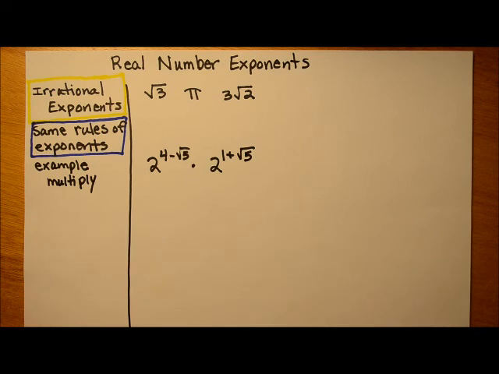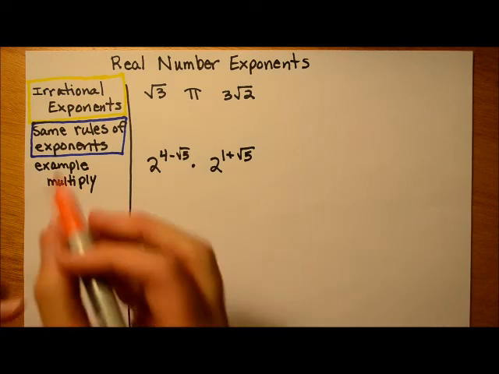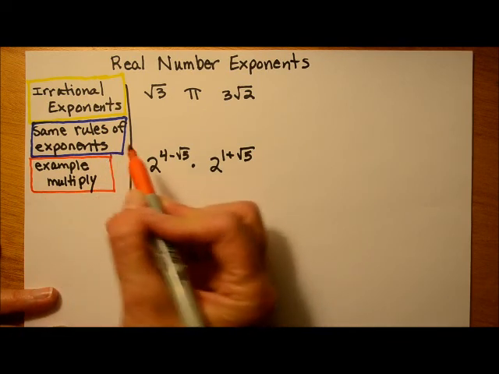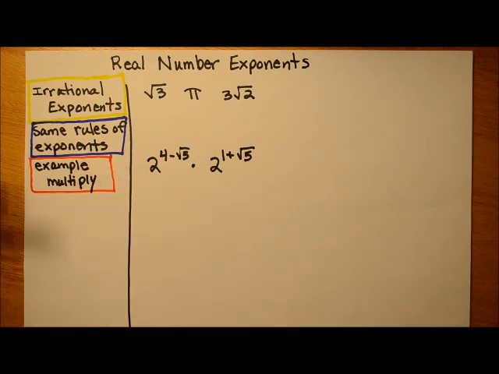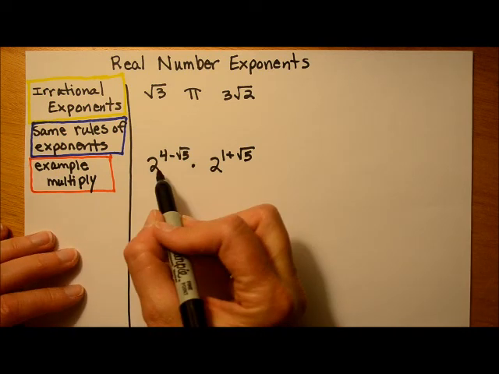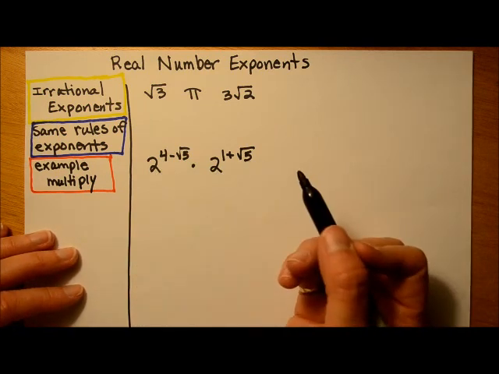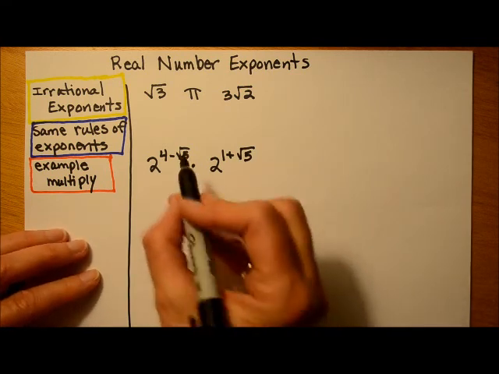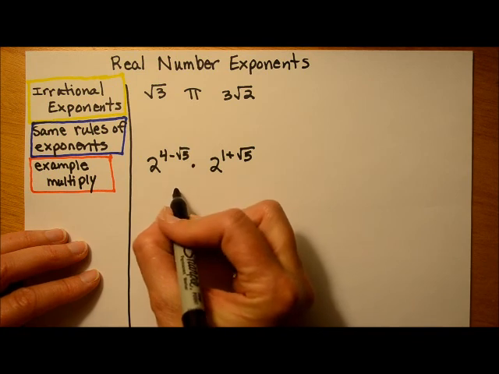So I'm multiplying, and remember, it's the same rules of exponents. When I multiply bases, I don't really multiply the bases. I just add the exponents.